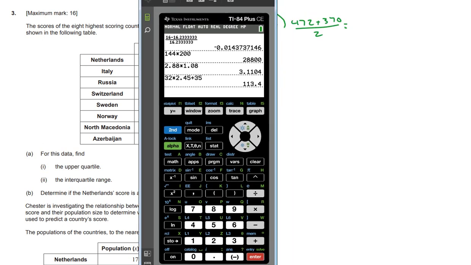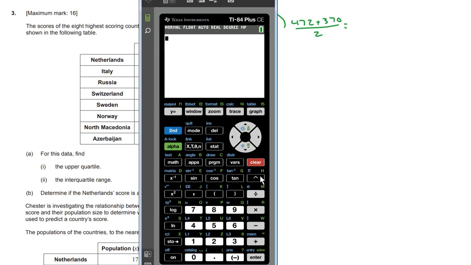So let's move that so we can see. We'll do 472 plus 370 divided by 2 gives us 600 and no, it does not. What did I do wrong? Oh, yeah. This is a good example of what not to do, because this is going to be 472 plus 370 divided by 2, so it's only going to divide the 370 by 2, not both pieces. So let's do this instead.